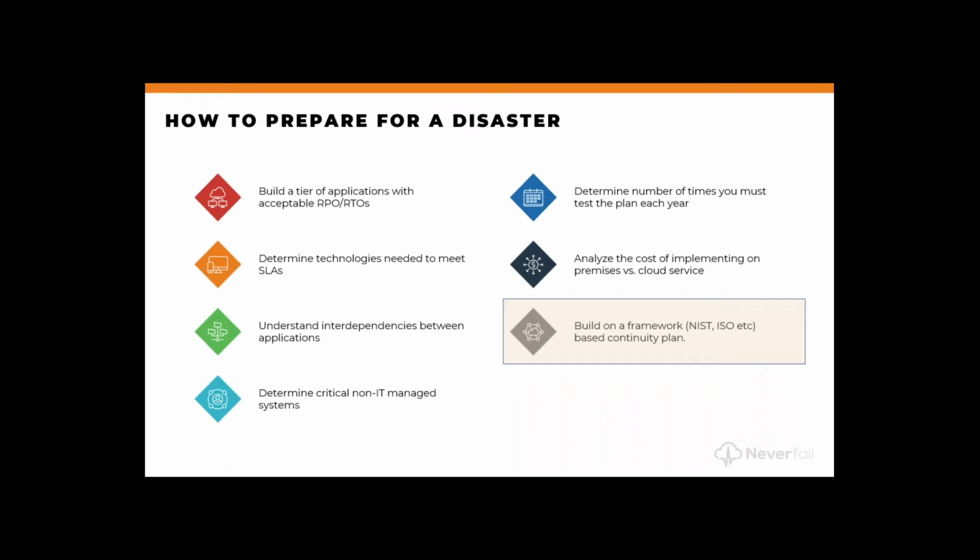We need to determine the interdependencies of these applications, and also understand the critical nature of the applications that you're supporting. You need to determine the number of times you need to test per year to make sure that your disaster recovery plans work. And then finally, analyze the cost of implementation, on-premise versus even doing things like in the cloud, right?